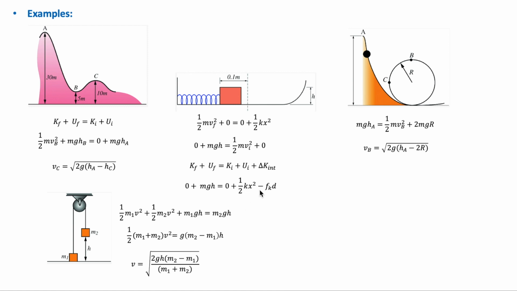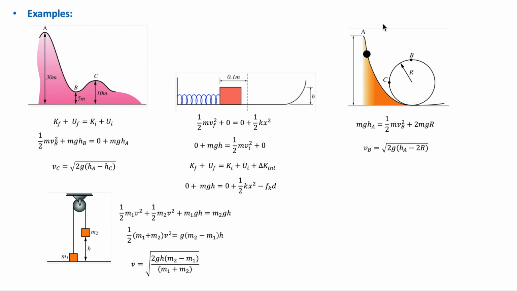So when there is a non-conservative force like friction, the initial kinetic energy is not fully transformed into potential energy, but part of it is dissipated. So this example shows that the total mechanical energy of the system is not conserved when there is a non-conservative force acting on the system like friction.